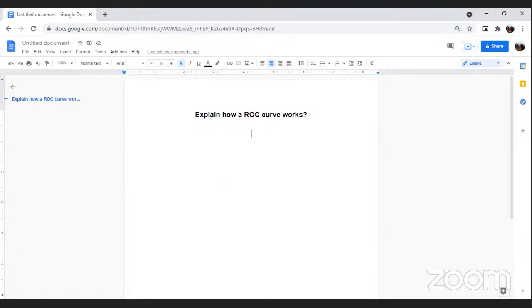The next topic is to explain how ROC curve works.